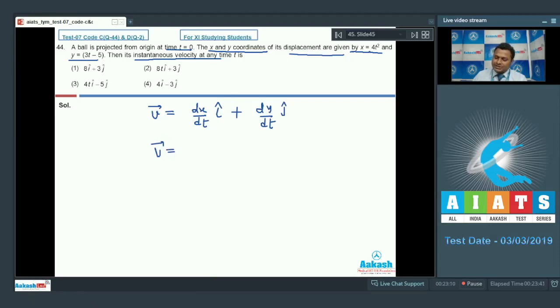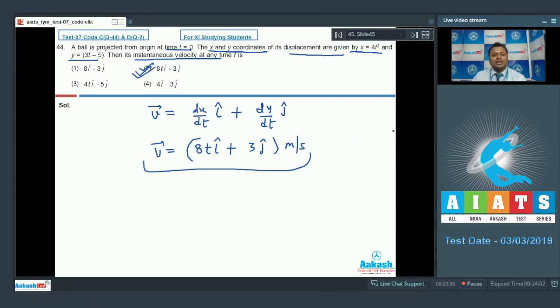Differentiation of position x with respect to time gets you 8 times t i cap, plus differentiation of y, that is 3t minus 5, gets you only 3 j cap. This much meter per second will be our answer, that is 8t i cap plus 3 j cap. After looking at the options, we can say that option number 2 is absolutely correct. So I'll go with option number 2.